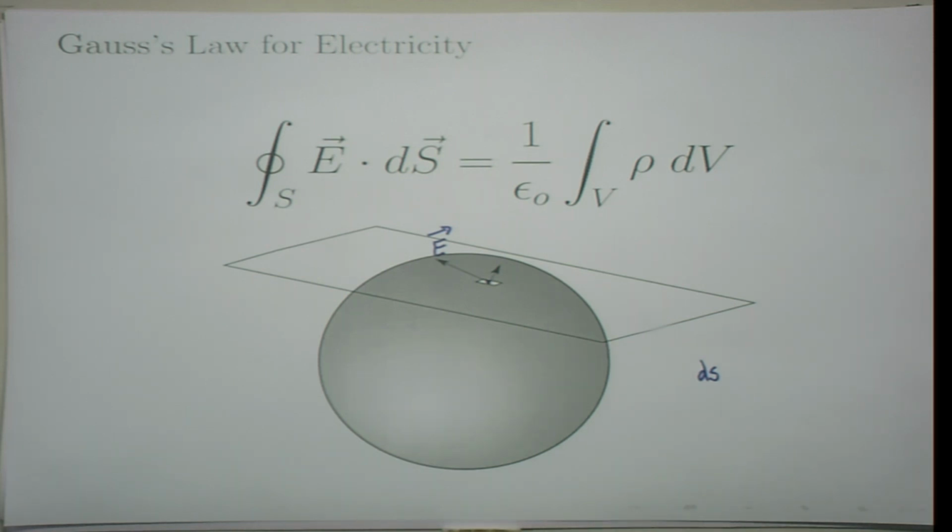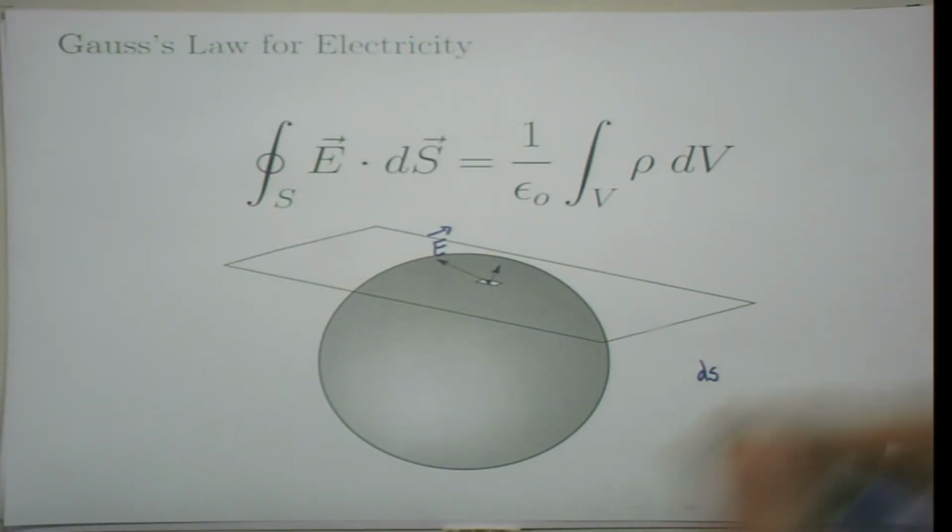We take a small elemental area at the point at which this tangent touches this surface, and what we do here is we assign a direction to this area. We call it an elemental area vector, the outward normal at that point.